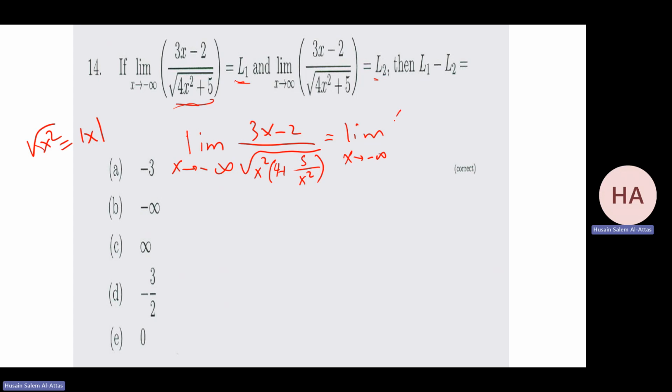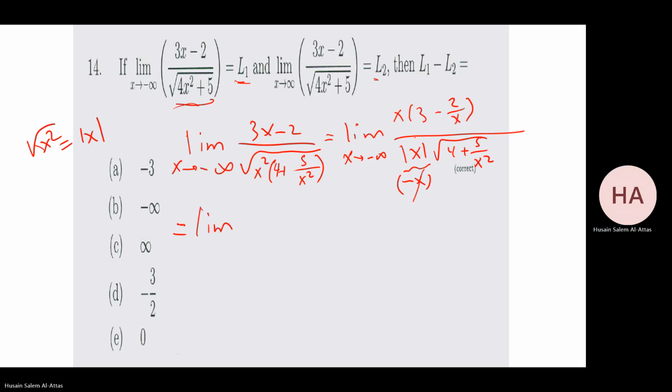I'll do the other side. This is x times 3 minus 2 over x, over the square root of x squared, which is the absolute value of x, times 4 plus 5 over x squared. Infinity minus infinity will be the same, so I'll continue from minus infinity. I'll make this minus x. This is cancelled, but there is no need for a limit.